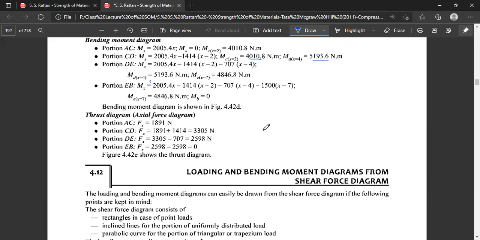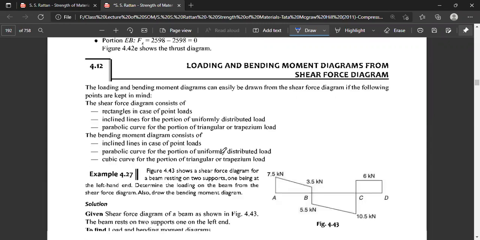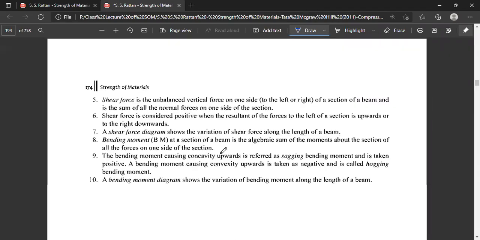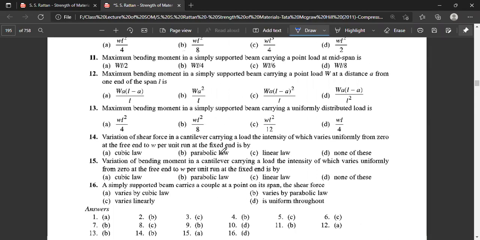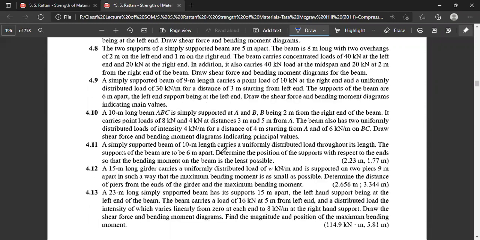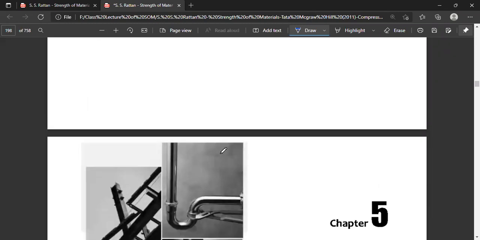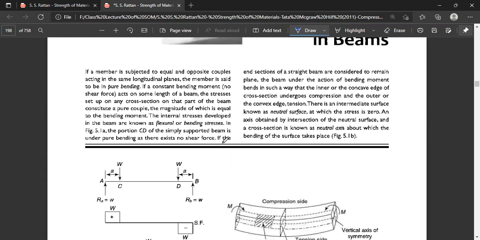Okay, with this, I am finishing this module, shear force and bending moment diagram. And let us go for the next chapter, that is the bending stresses. Bending stresses in the beam.